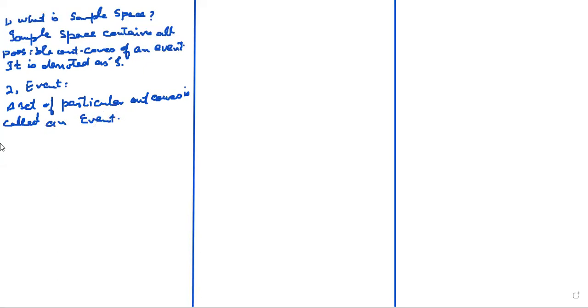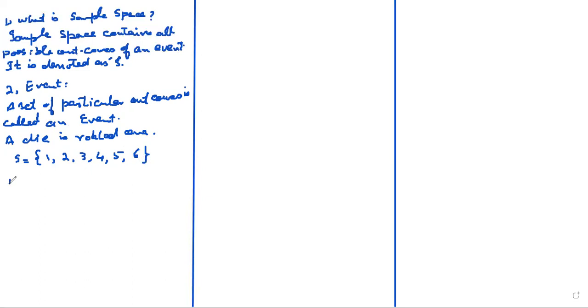Suppose a dice is rolled once. So S, the sample space, is all possible outcomes: either one comes, two, three, four, five, and six.